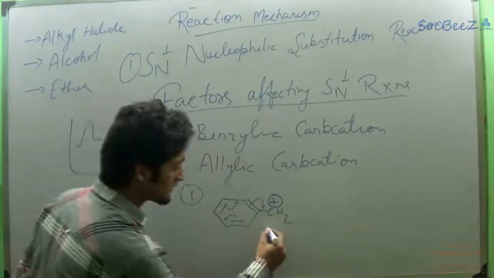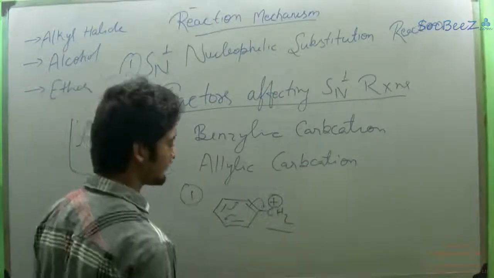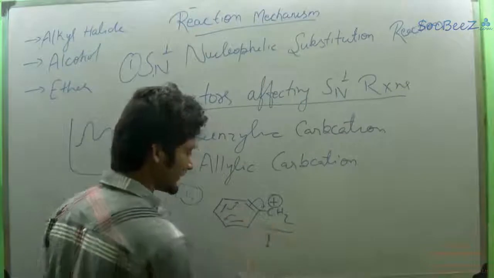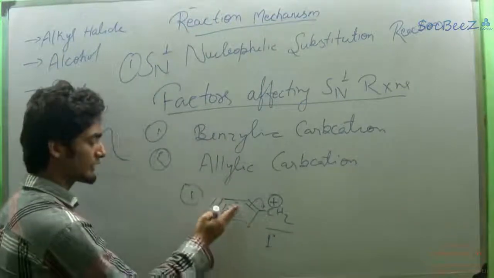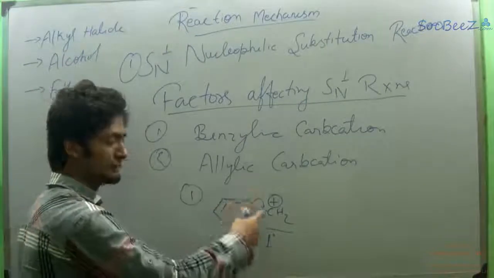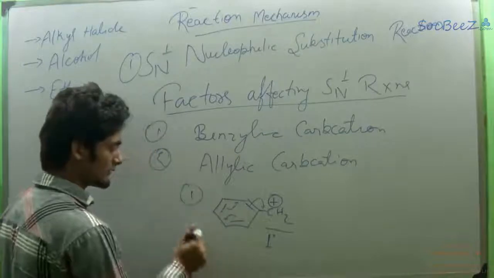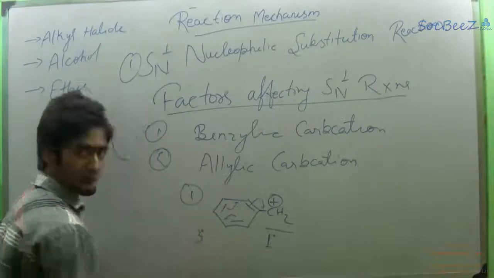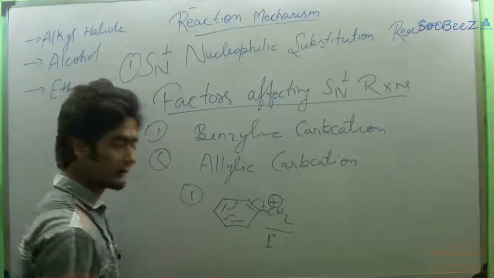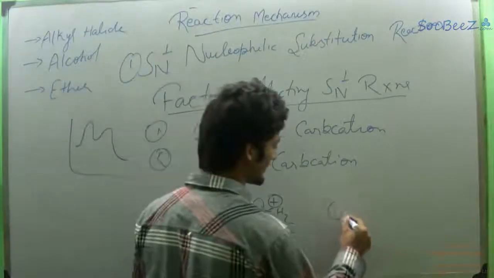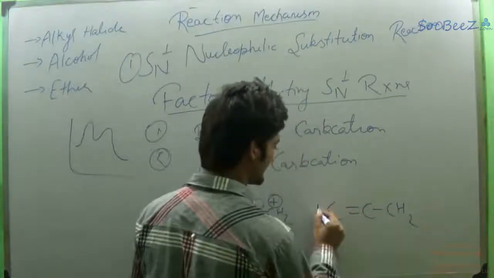Hence, this will be a very stable carbocation instead of being only 1 degree. Even though it's a 1-degree carbocation, it will get the mesomeric effect of benzene. Hence, it will be even more stable than the 3-degree carbocation, because the mesomeric effect is a very strong effect, and same is the case with an allylic carbocation.